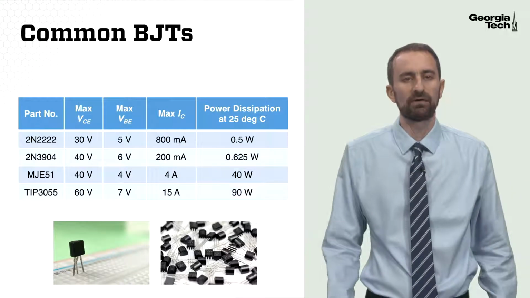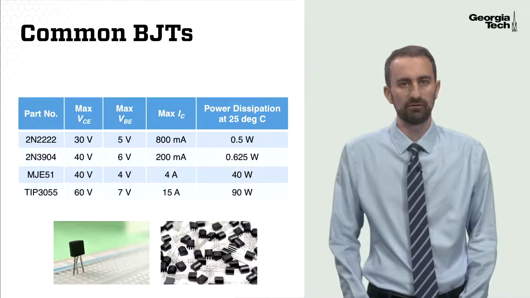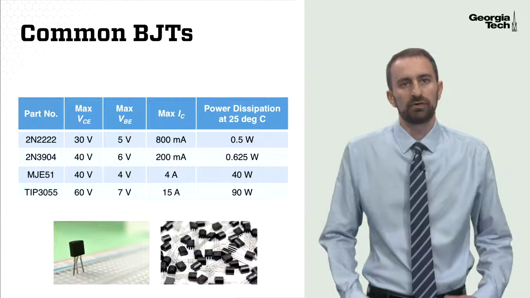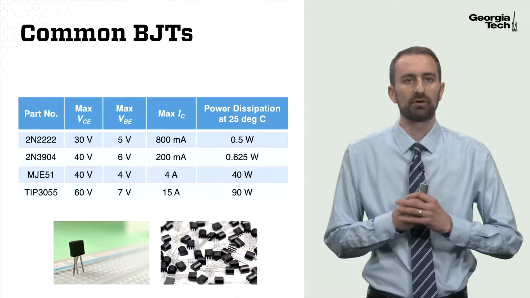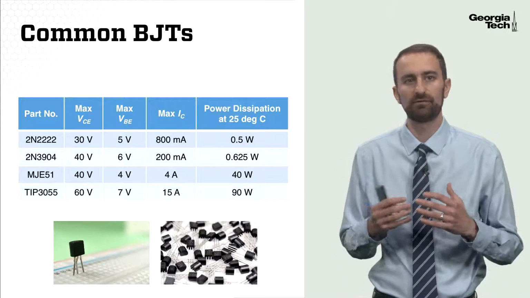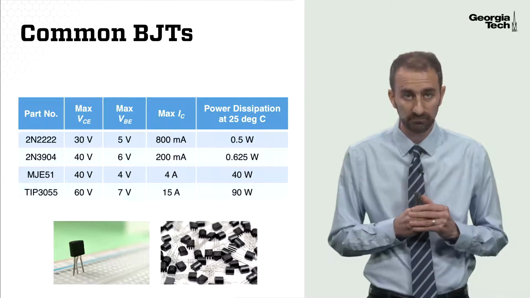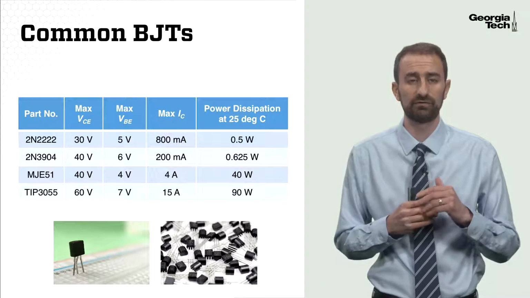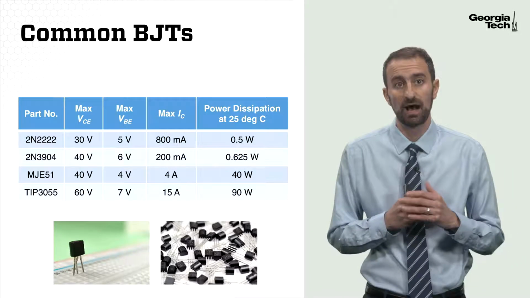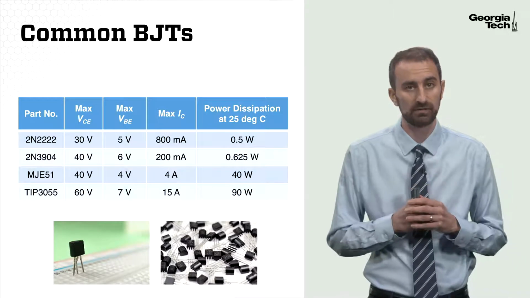Let's look at specifications for some common BJT transistors. You can see the maximum collector emitter voltages and the maximum base emitter voltages that these BJTs are designed for. But it's also important to look at two other specifications, which is the maximum collector current, IC, and power dissipation.